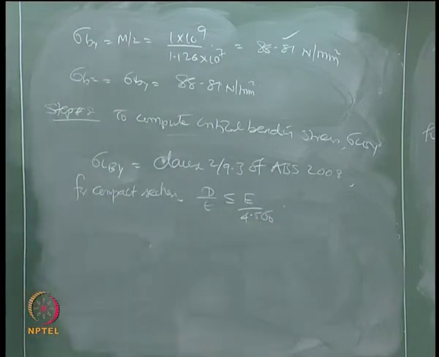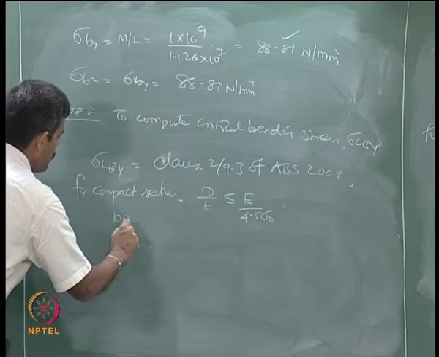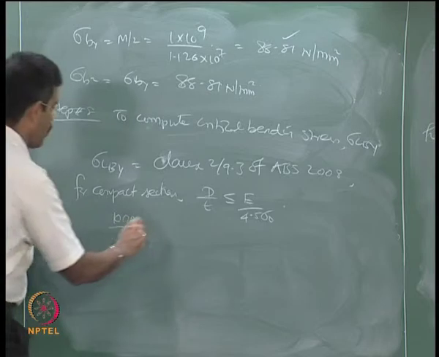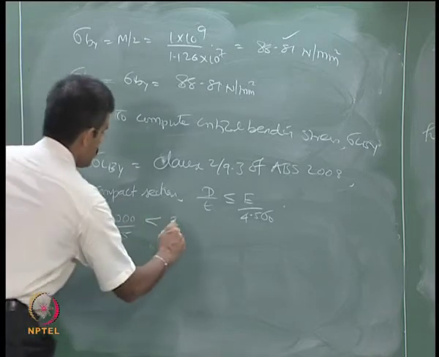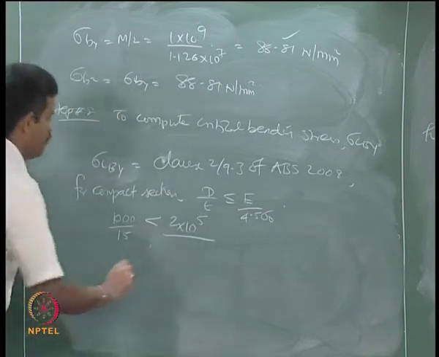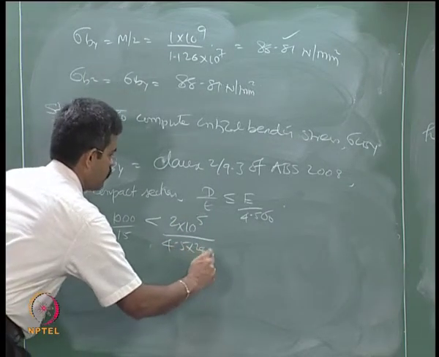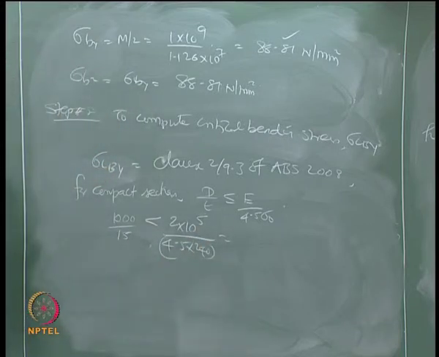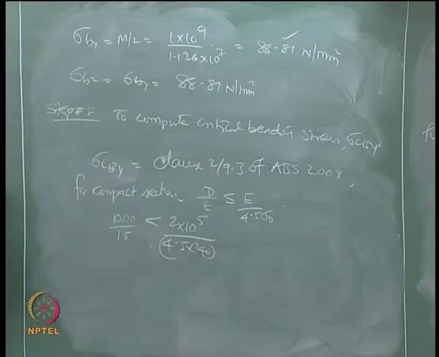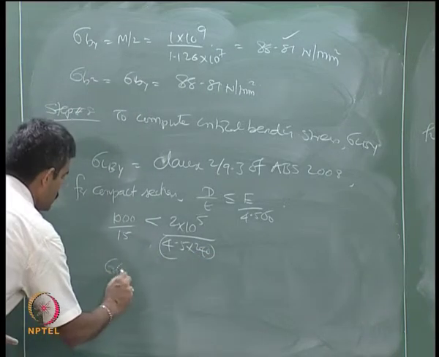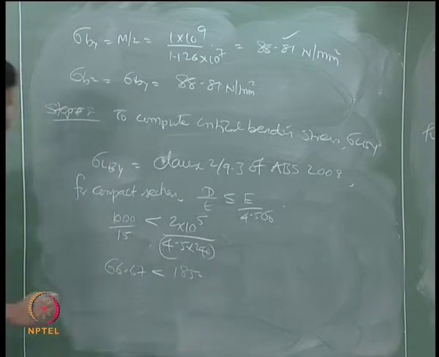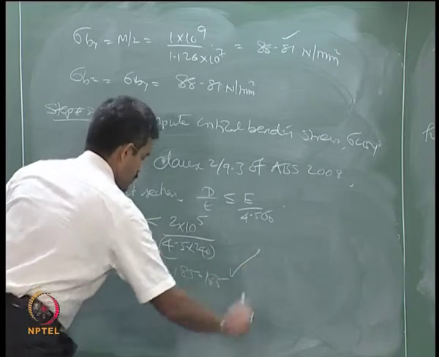Let us check this: 1000 by 15, which will obviously be less than 2 10 power 5 by 4.5 of 240, because this value is 66.67 and this value is 185.185. So this condition is satisfied.